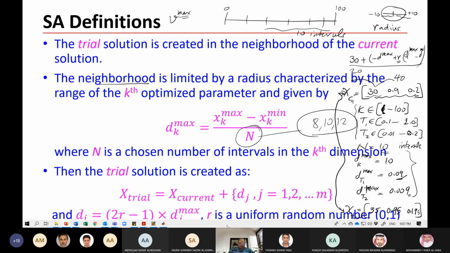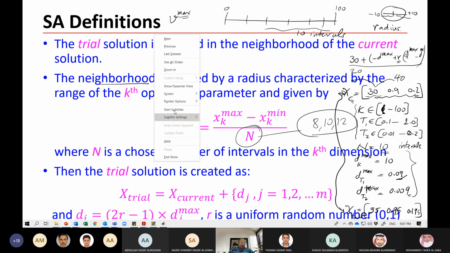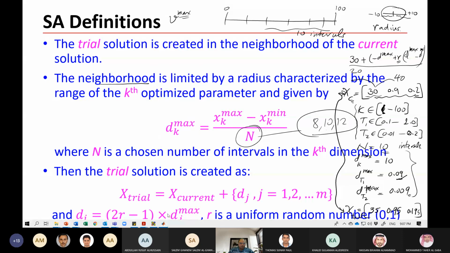This is the case. Okay. So dj equal to 2r minus 1 times d max. Well, similar to this. Yani this is 2r minus 1 times d max. هي نفس الفاليو.